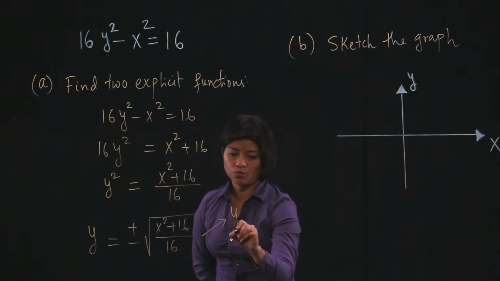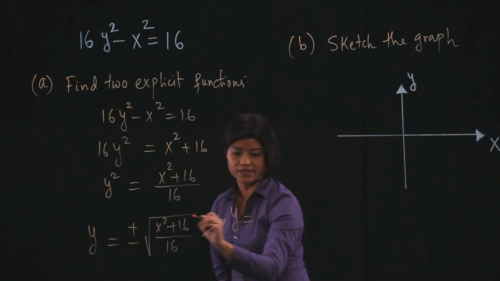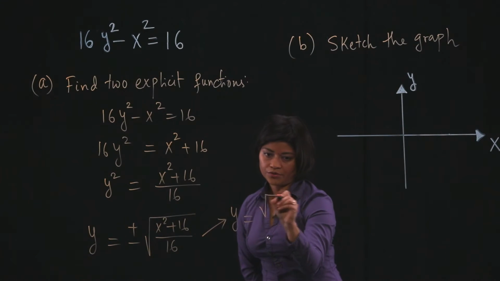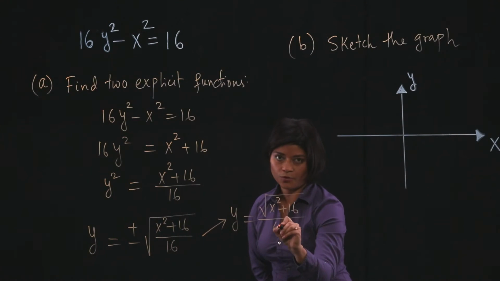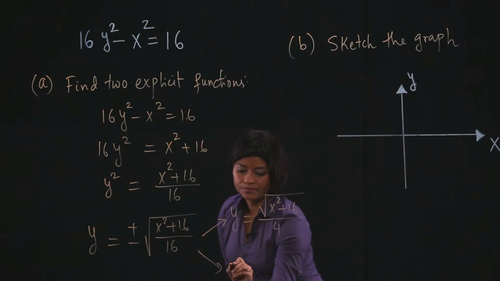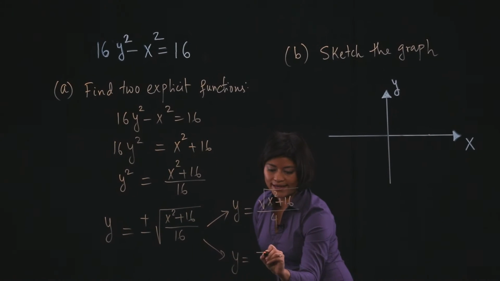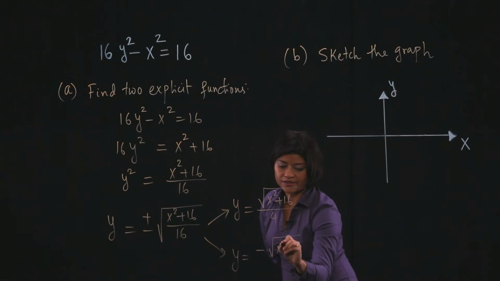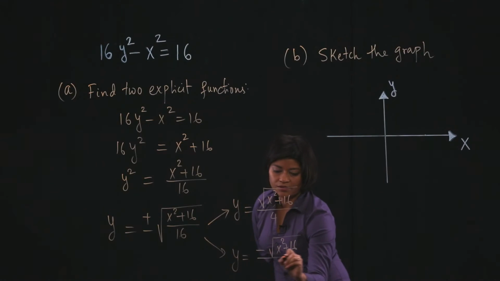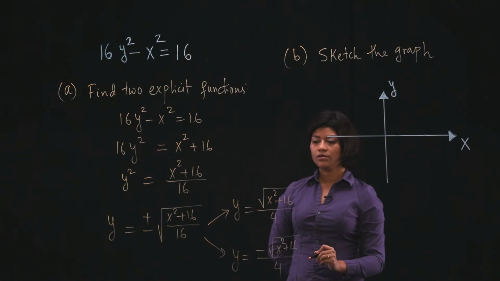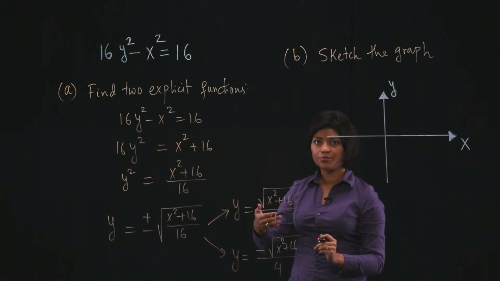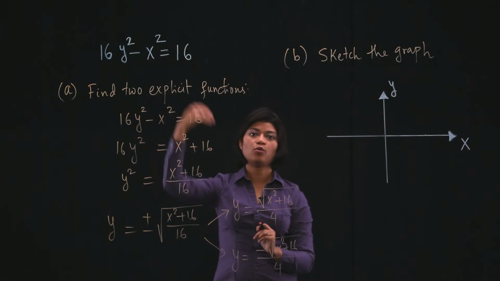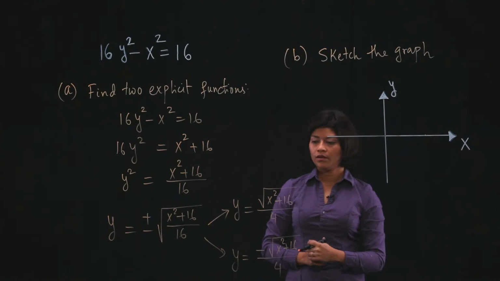One is y equals positive square root of (x² + 16) divided by 4. And the other one, y equals negative square root of (x² + 16) divided by 4. Those are the two explicit functions that we get from solving for y in the equation.